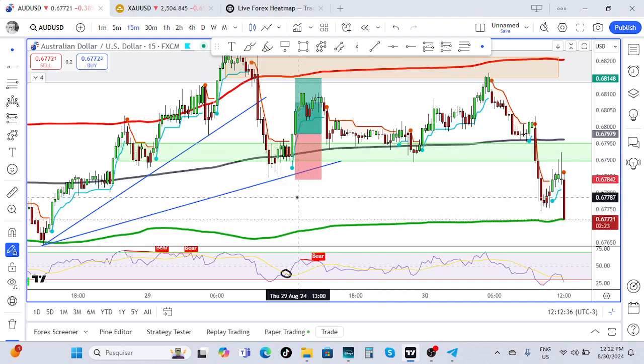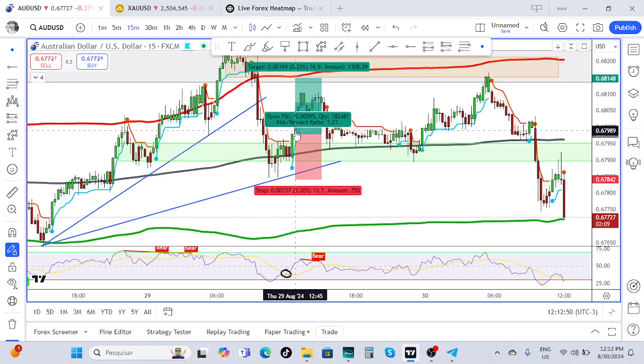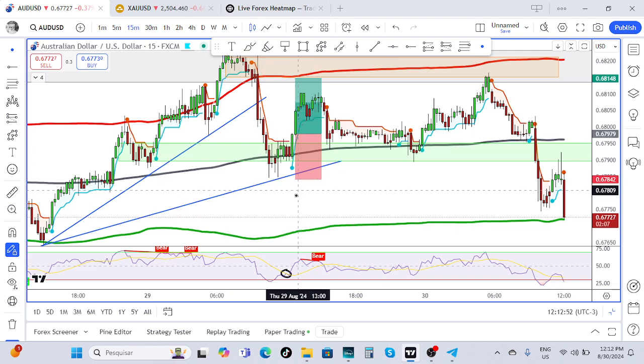Oh, that was about, yeah, 12:45. This particular candle, about 12:45 p.m. That was noon Brazilian time.